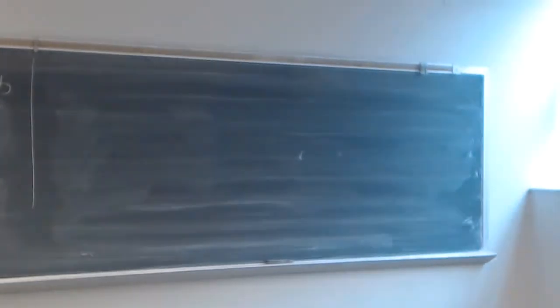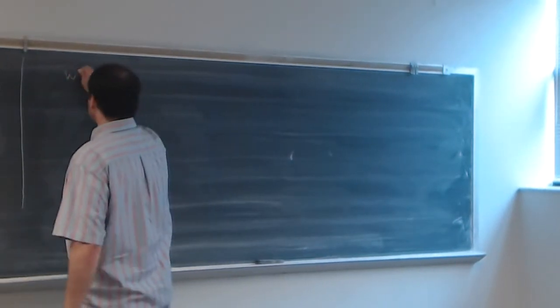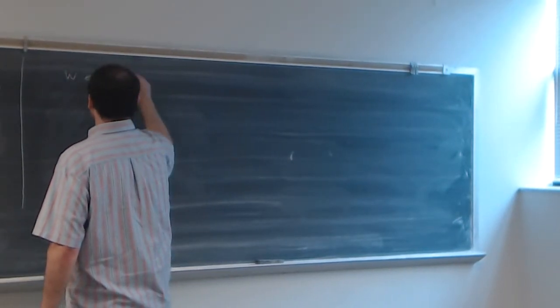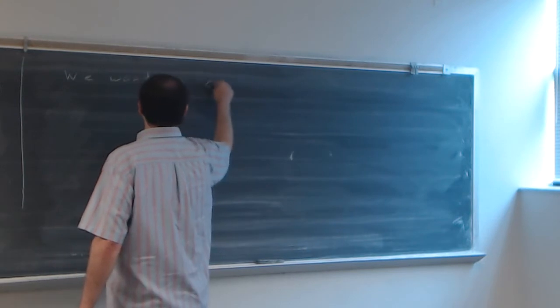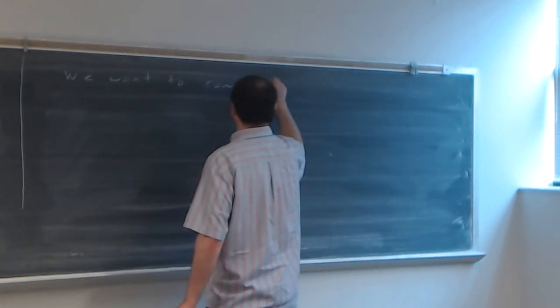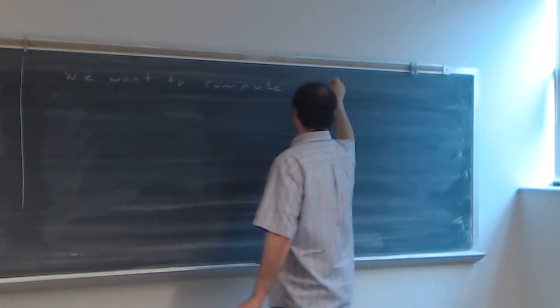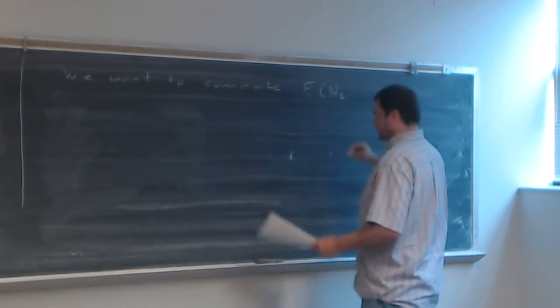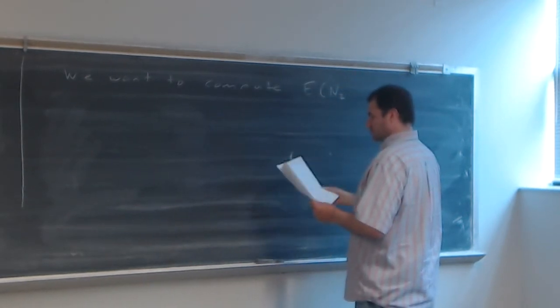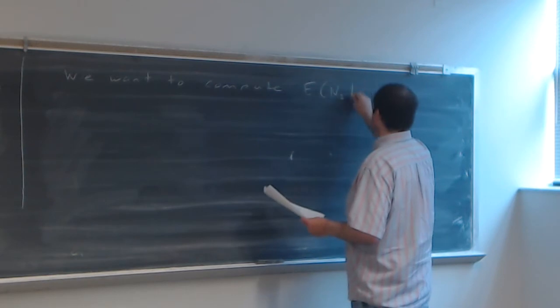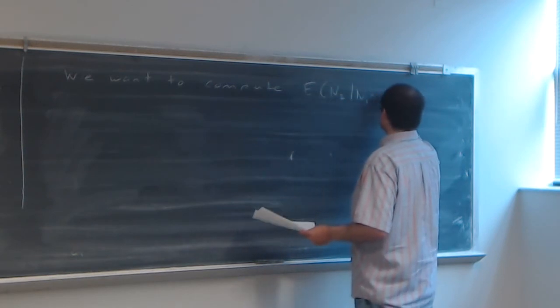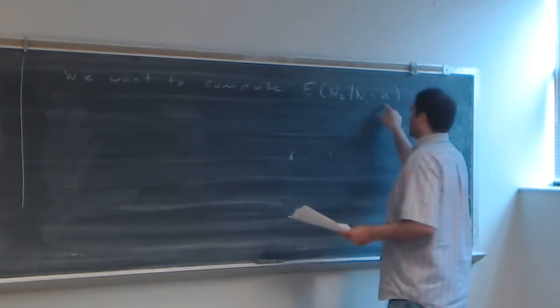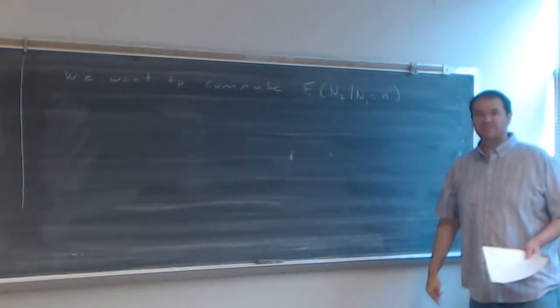So the first question that was asked of us is really this. We want to compute the expected value of N sub 2 given N sub 1 equals n. She had n accidents her first year, and we want to know the expected value of her second.